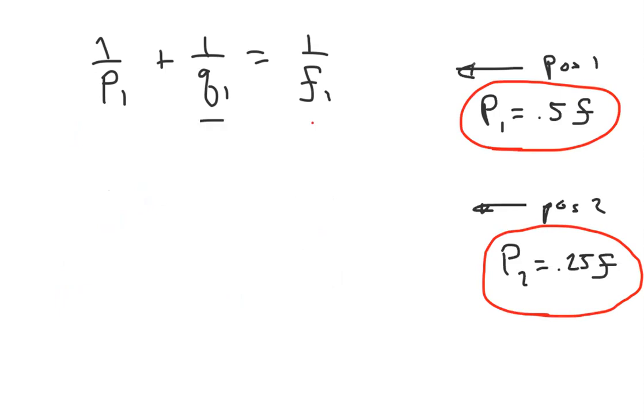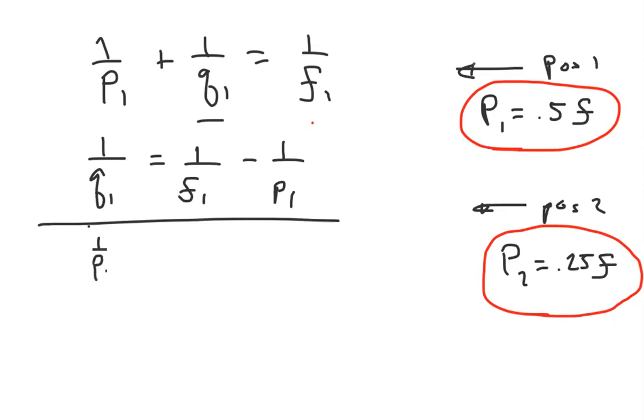So if I needed to solve for Q1, we could start with 1 over Q1. That would be 1 over F1 minus 1 over P1, right? And then the same thing for the bottom.